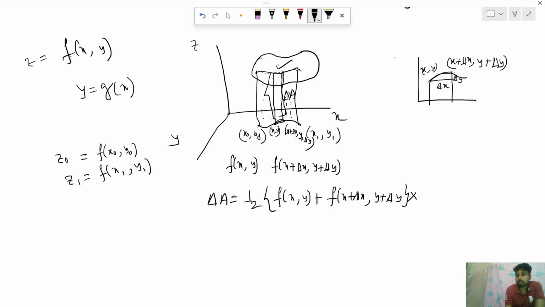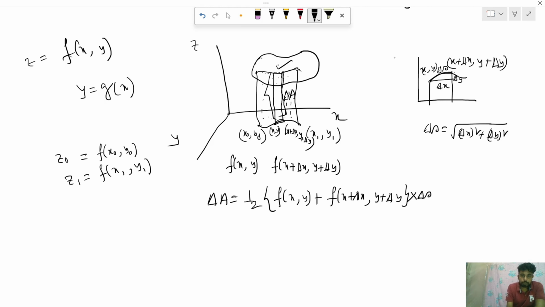And I consider this is the smaller increment along this curve, delta s, so we multiply by this length delta s. What is delta s here? Delta s will be root over delta x square plus delta y square. Okay.